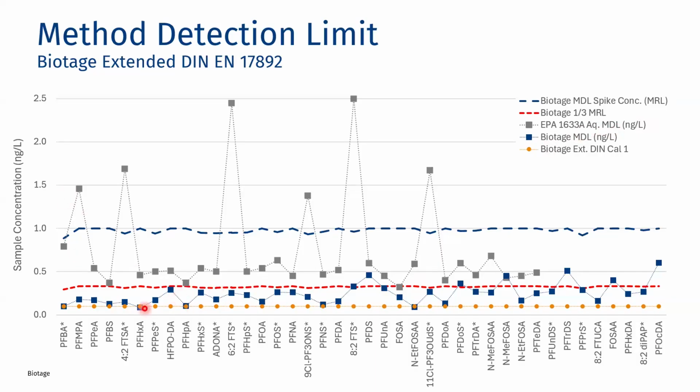So you can see our spiking consistently lower and calibrating consistently lower than the EPA 1633A method allows you to accomplish a method detection limit that is lower than the industry standard, which was nice. It allowed us to make sure that our system not only can meet all the MDL requirements of EPA methods, but also go beyond that.